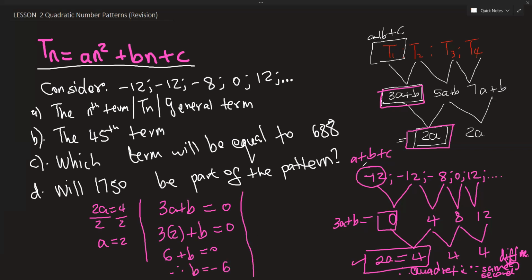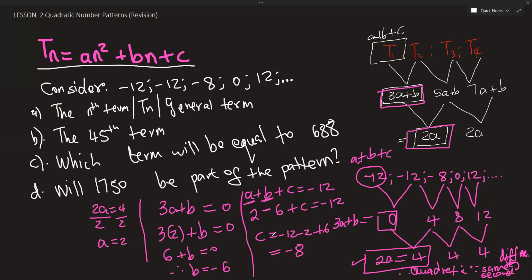And then this one here is a plus b plus c. Let me write the formula down first: a plus b plus c equals -12. My a I found to be 2, my b I found to be -6, plus c equals -12. Then c equals -12 minus 2 plus 6, which is -8.